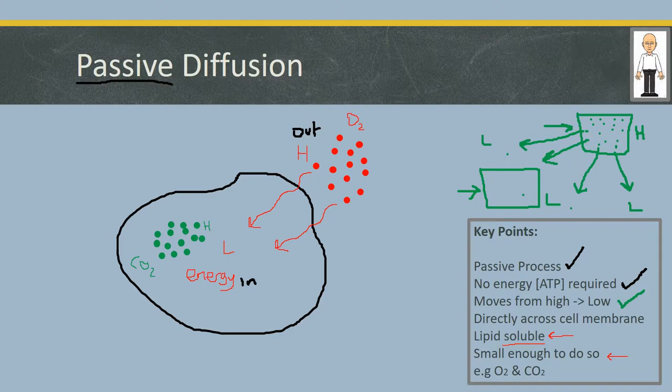Now, lucky for us that carbon dioxide is also lipid soluble, and it's also small enough to fit through the plasma membrane or the cell membrane. So what we get is this movement of carbon dioxide out of the cell by passive diffusion. The cell does not use energy to do this. It happens magically. It happens wonderfully.